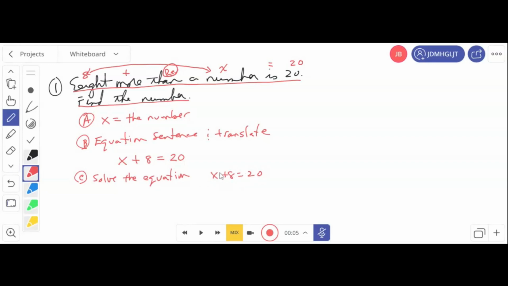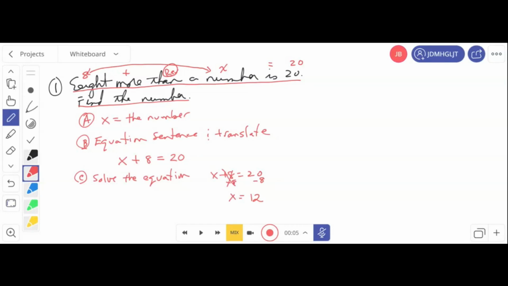Step 3, get variable terms together on one side. Well, I've only got one variable term, x. Step 4 is our stop sign. Stop and make sure there's only one variable in the problem. There is. Step 5, undo addition or subtraction. We're adding 8 to the x, so we undo that by subtracting 8. The 8's add out. We're left with x on the left, and 20 minus 8 is 12.